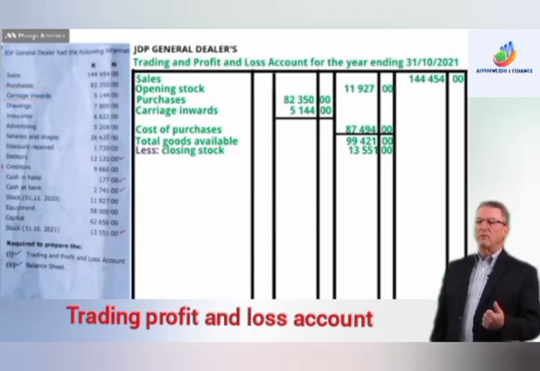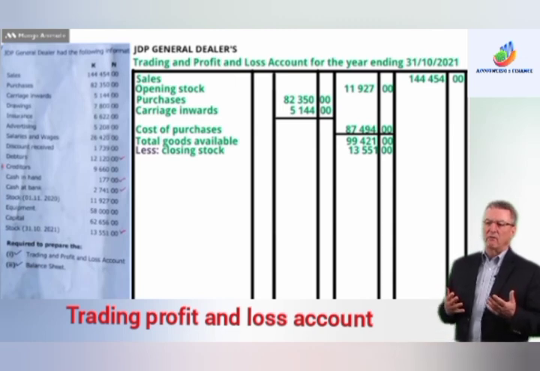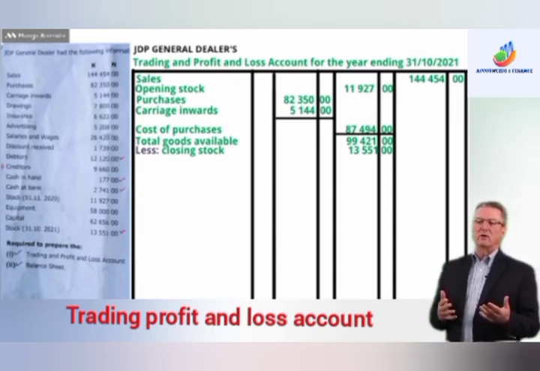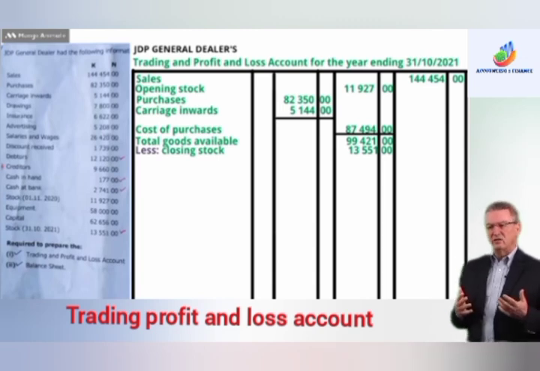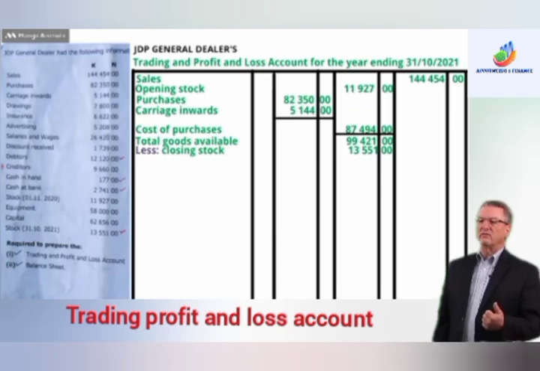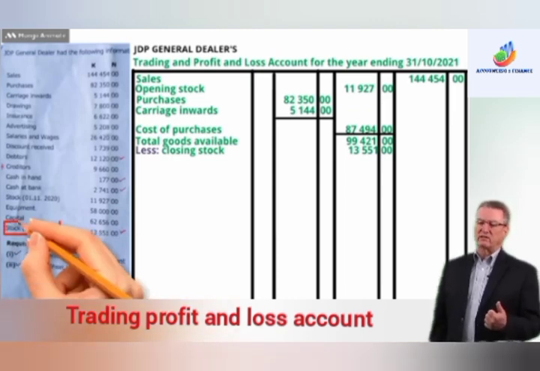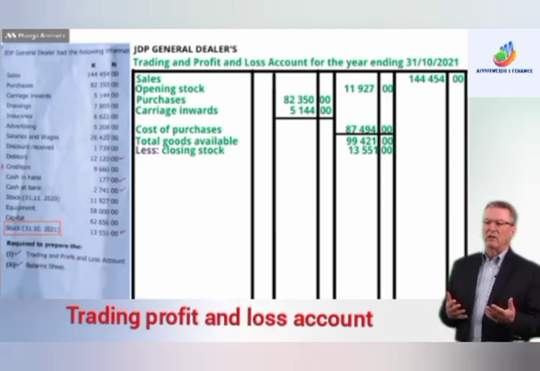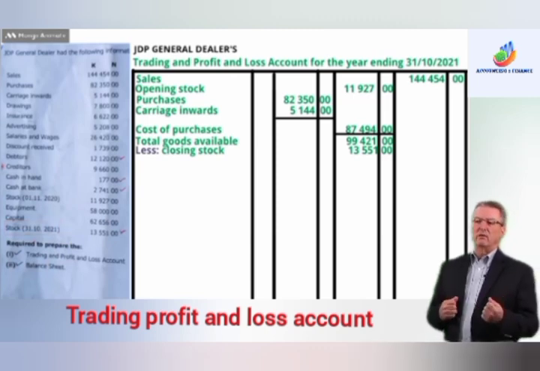Now once we have done that, we can say less closing stock, because what we have gotten now, 99,421, is the total goods available. Then we write less closing stock, which is the one at the end, 31 October 2021, which is 13,551.